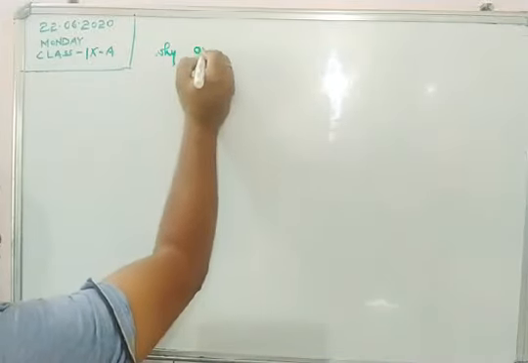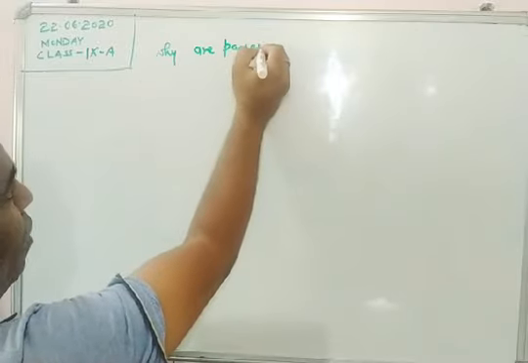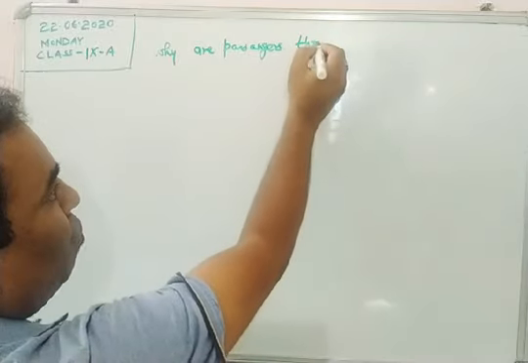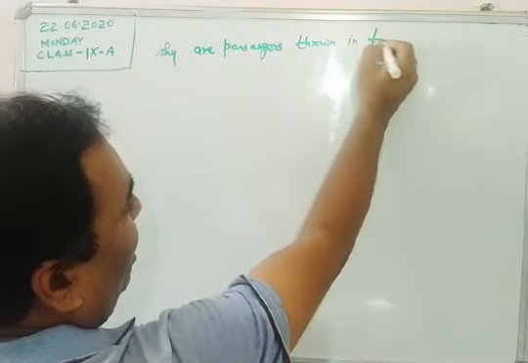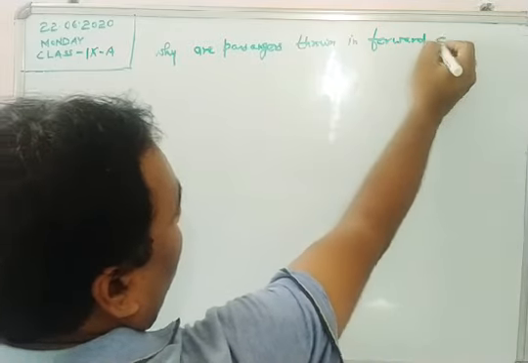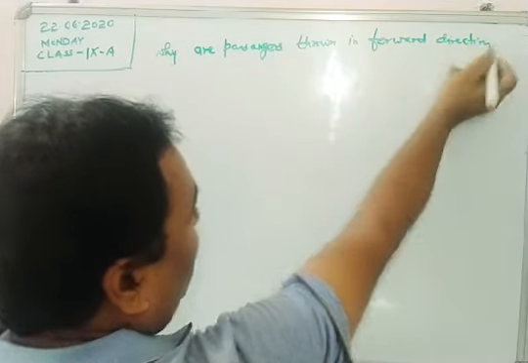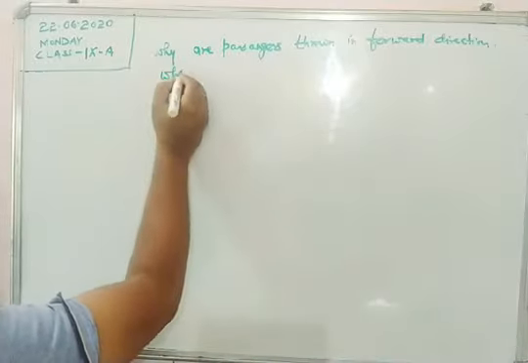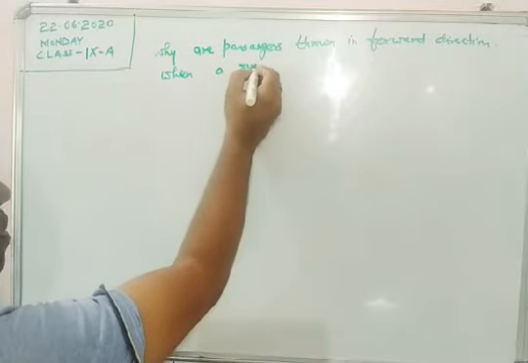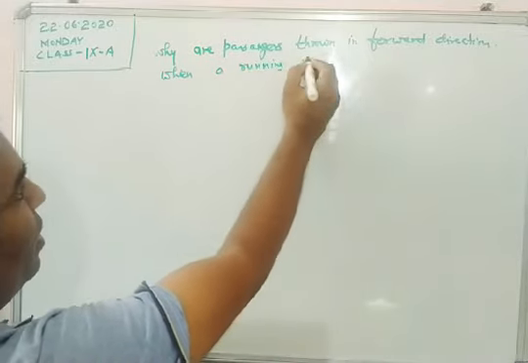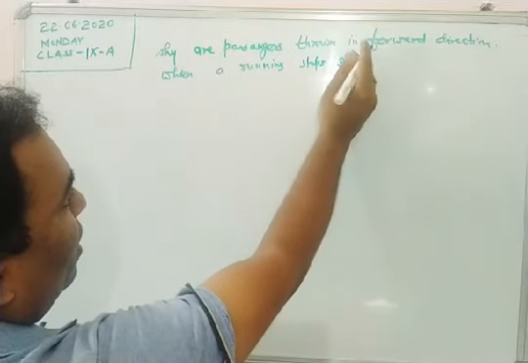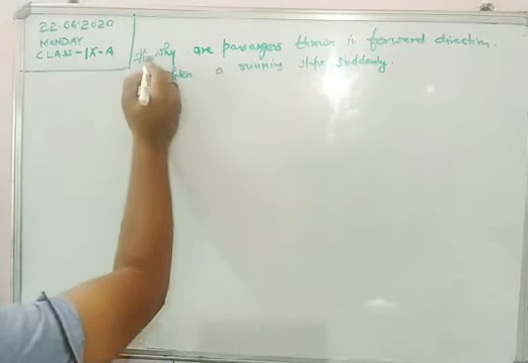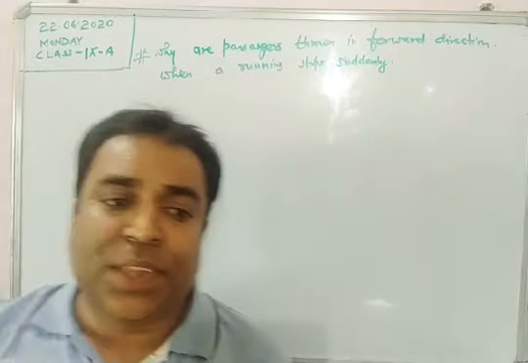Why are passengers thrown in the forward direction when a running bus stops suddenly? This is also based on the properties of inertia.